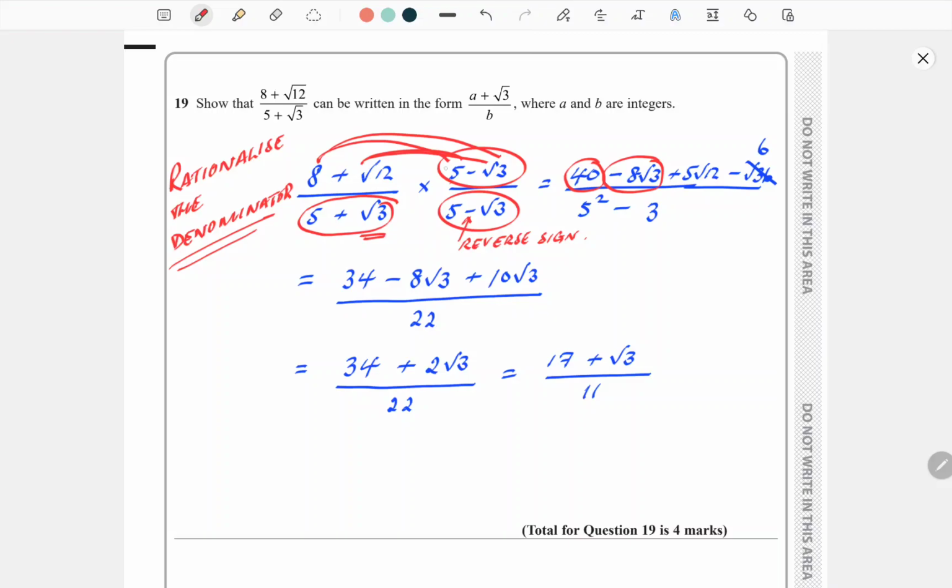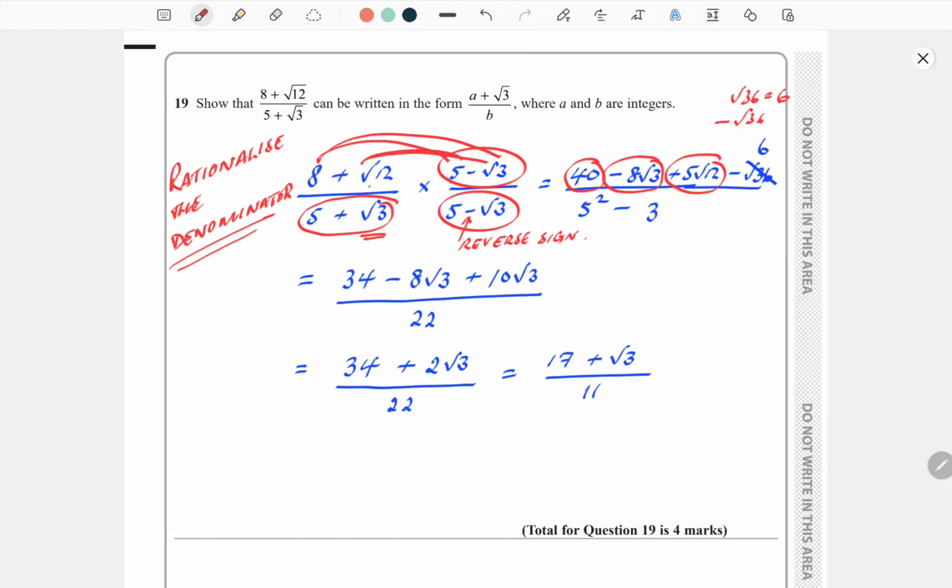Then you've got root 12 times 5, simply 5 root 12. And then you've got the root 12 times the minus root 3, which actually can be written as minus root 36, as I've crossed out there. And root 36, remember, is simply 6. So that is minus 6.